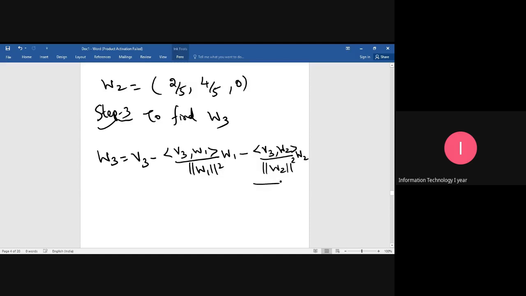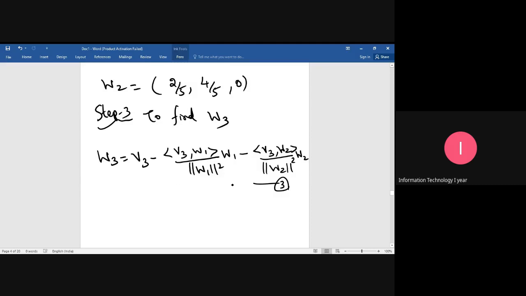This is the formula for W3. So in this, V3 is the given vector. V3 comma W1, find out. W1 is known. Norm W1 square already we calculated. Inner product of V3 comma W2 find out. Then norm W2 square also we need to calculate.